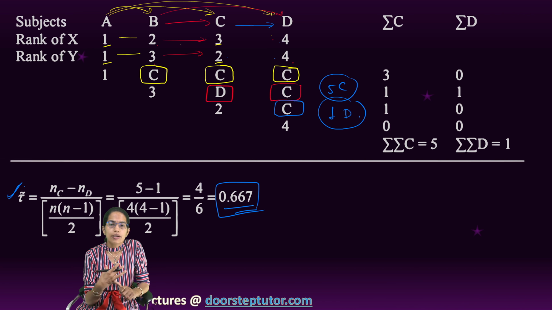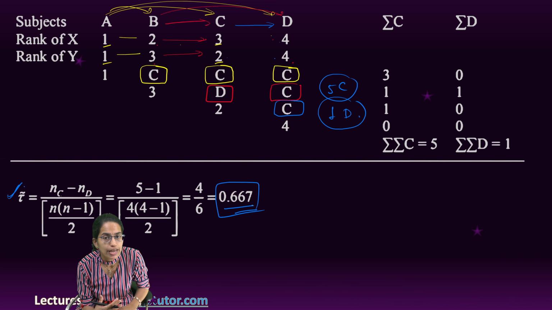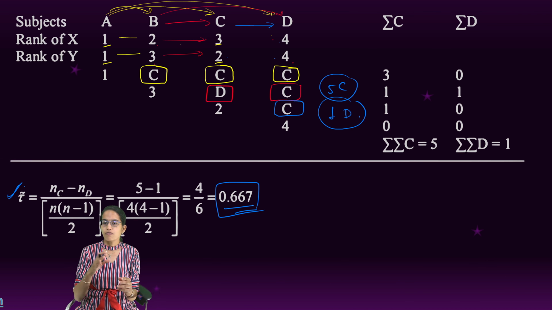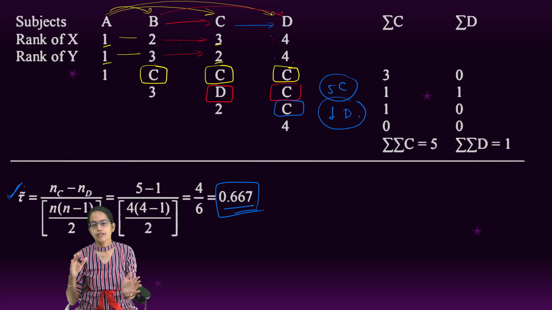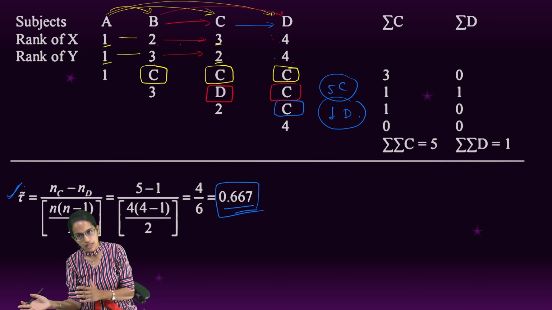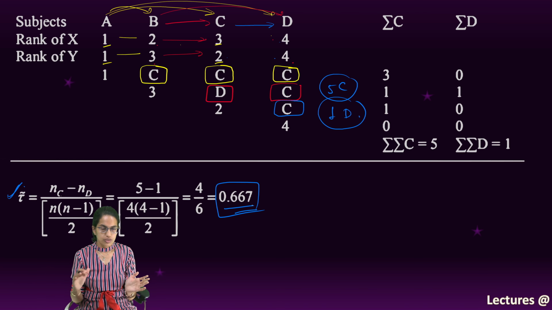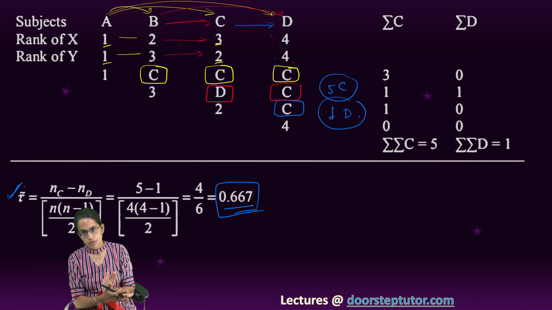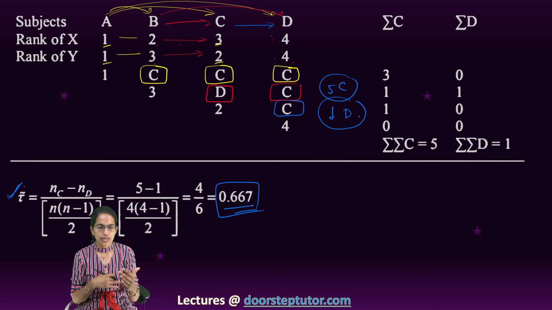Under the Kendall's Tau method, we have talked about concordant pairs and discordant pairs. Concordant pairs work in the same direction, so the difference between both items would remain negative or positive, the same relation. However, under discordant pairs, one would be negative and the other positive, so they are working in different directions.